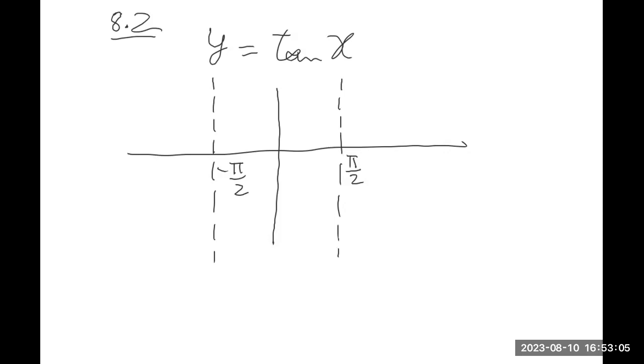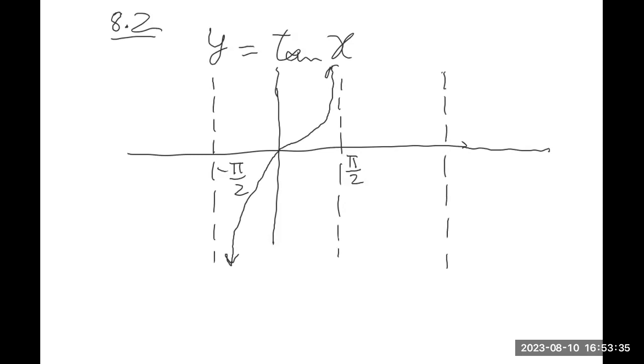And the graph between the asymptotes looks like this. So it's an increasing function, kind of like the cubic function graph. And then you have more vertical asymptotes on either side.